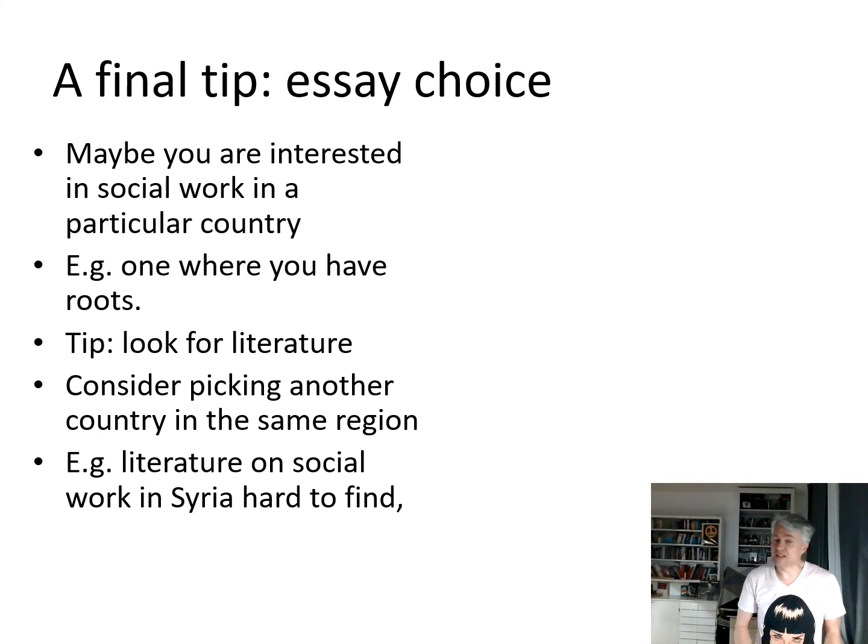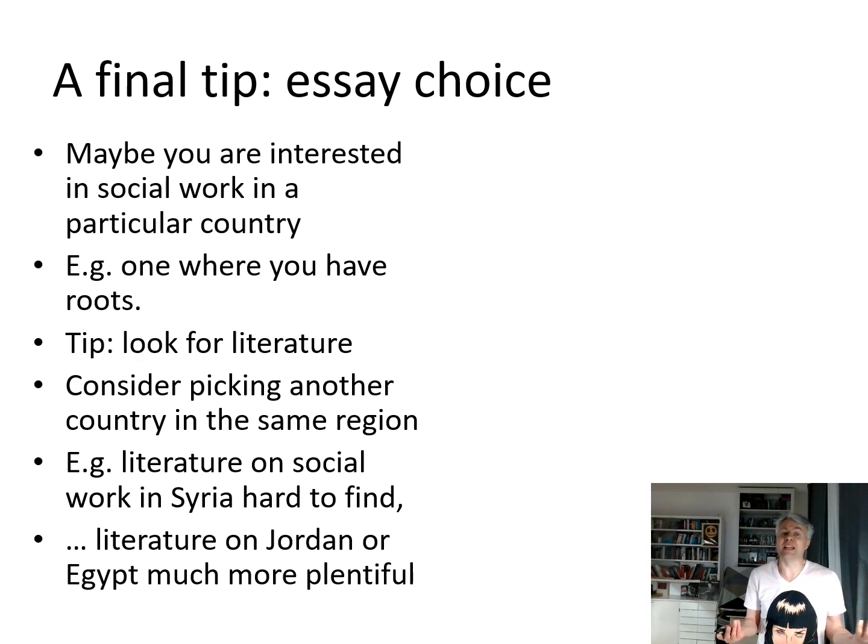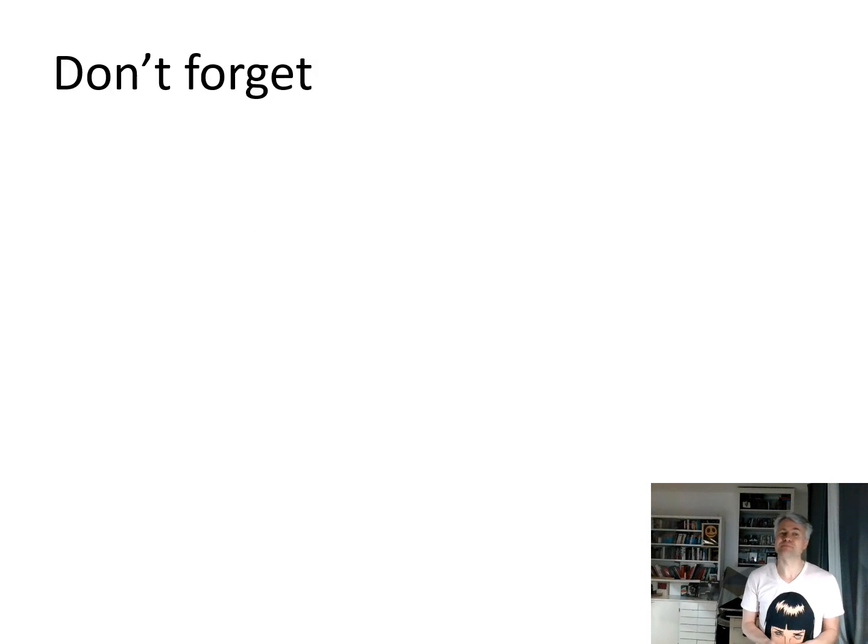On the other hand, other Arab countries or other Muslim countries in the region, you can find quite rich histories of. Egypt, for example, or Jordan. So be a bit broad and don't get too narrow ideas of a country study until you've looked at the literature base first. As I said, some countries are well documented in English language literature, others aren't.